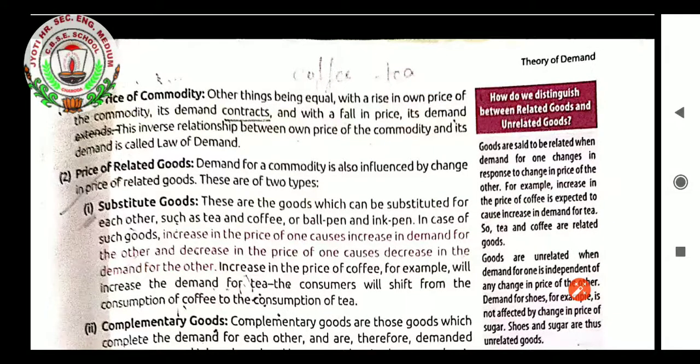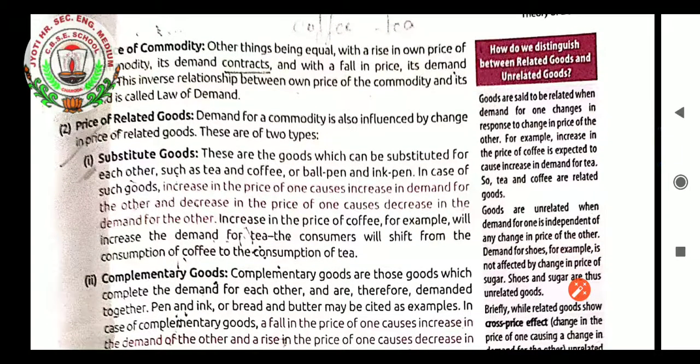See here one more example from your practical point. You are using two pens, ballpoint pen and gel pen. If you are using the gel pen continuously and suddenly in the market you find that gel pen price has increased because its demand was more, then suddenly one more substitute good is there.